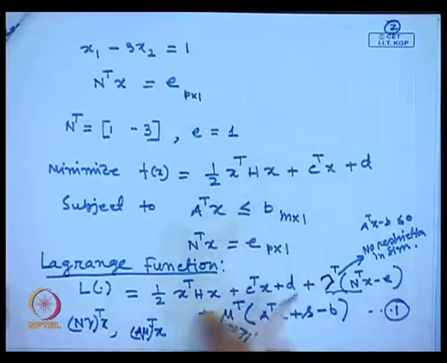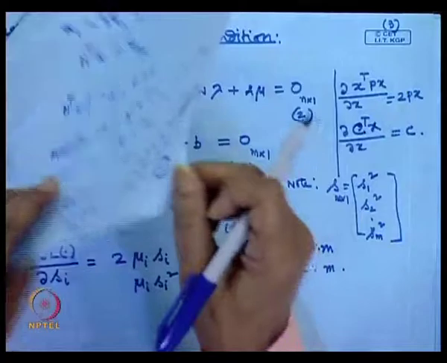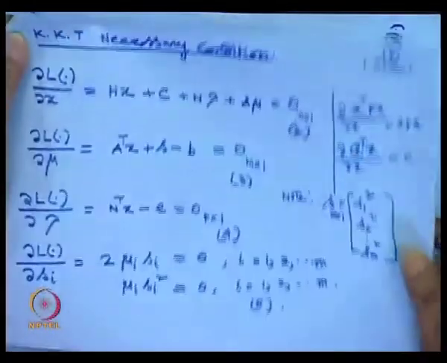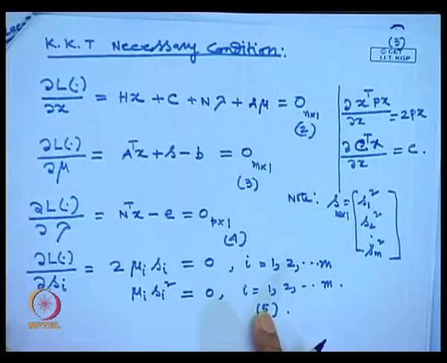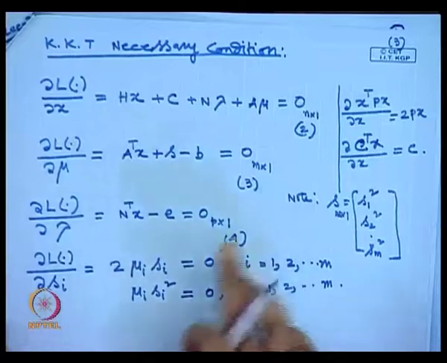So, if you now write the KKT necessary conditions, we have shown that these are the equations we get, equation numbers 2, 3, 4 and 5. We can write these equations in matrix and vector form.